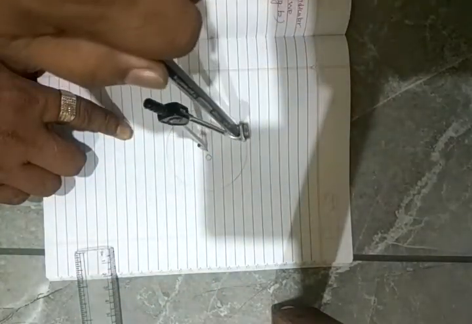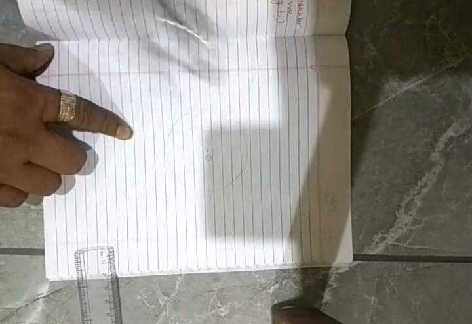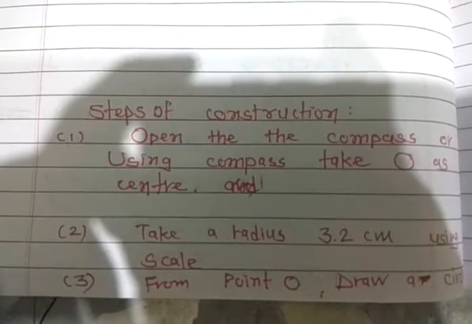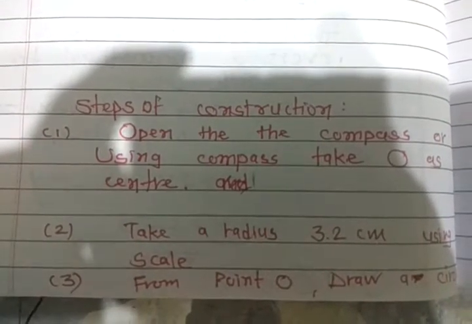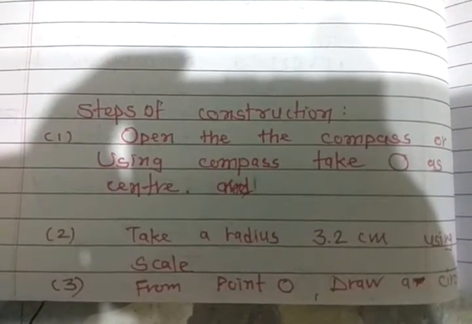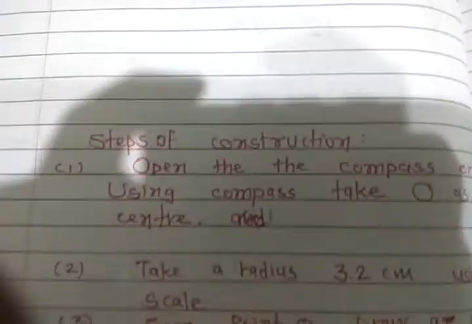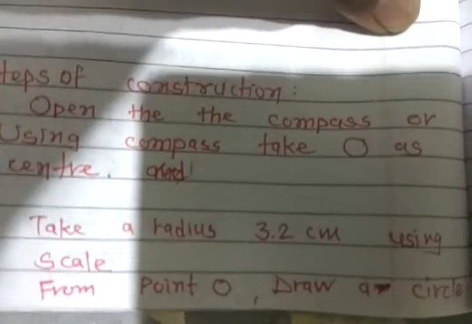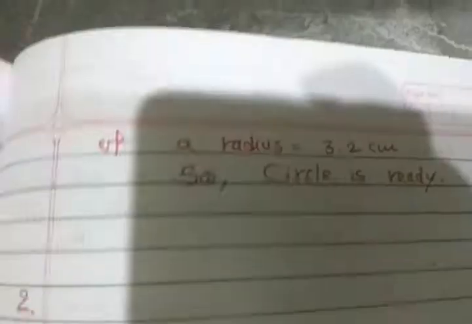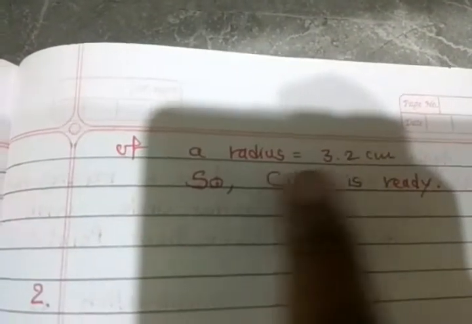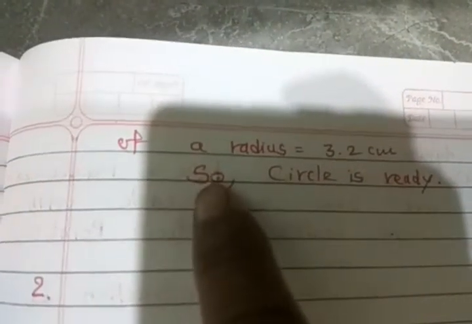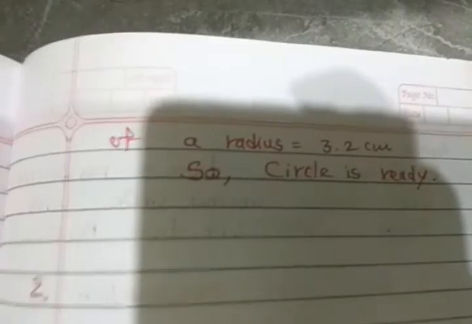This is step number 3. So from point O, step number 3, draw a circle of radius 3.2 centimeter. Hence the circle is ready.